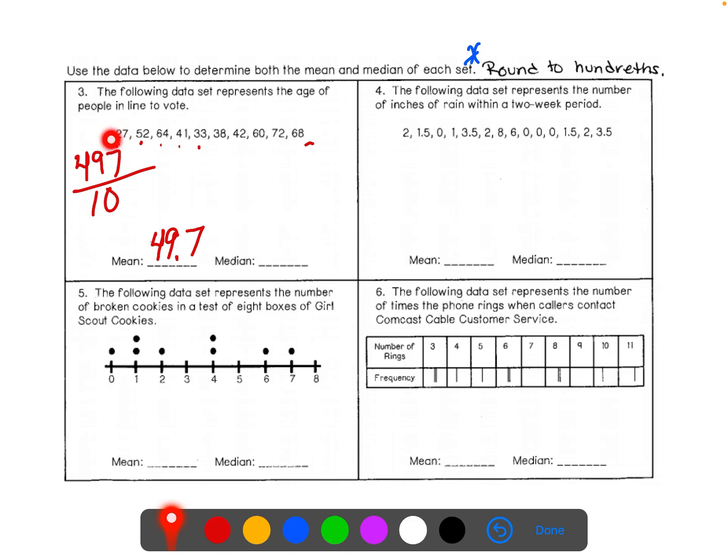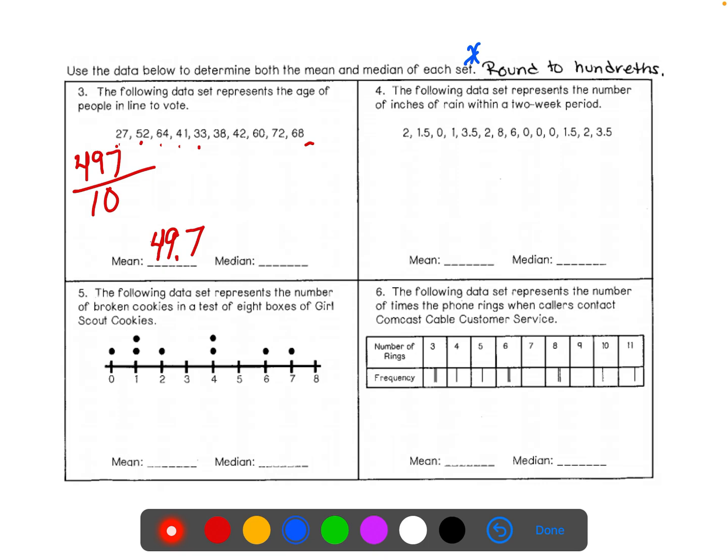When a group of numbers is just listed, it's not listed from least to greatest most of the time. So what needs to happen is it needs to be rewritten from least to greatest. Now, it's important that you don't skip a number, because if you were to skip one, you're not going to get the correct median. It's going to throw off the whole thing.